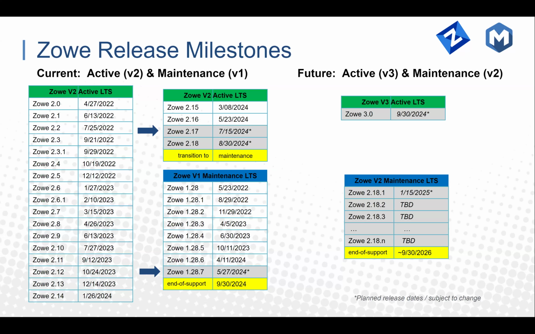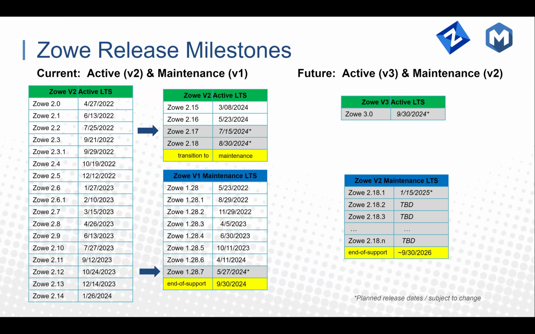We just released 2.16. We are planning 2 more active releases for V2 before we transition V2 over to maintenance mode, which again, as we mentioned earlier, means the V2 release becomes the stable release for those of you who do not want to be on a continuous delivery release. The release only receives maintenance fixes and vulnerability patches.